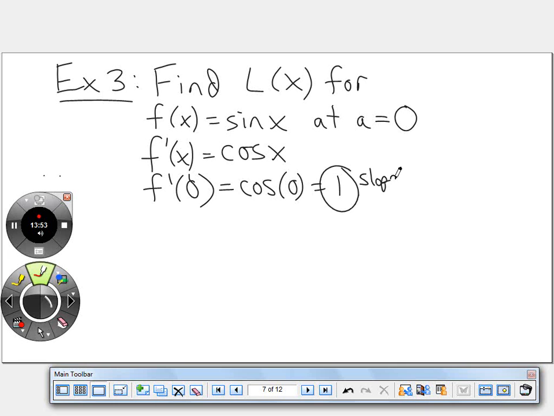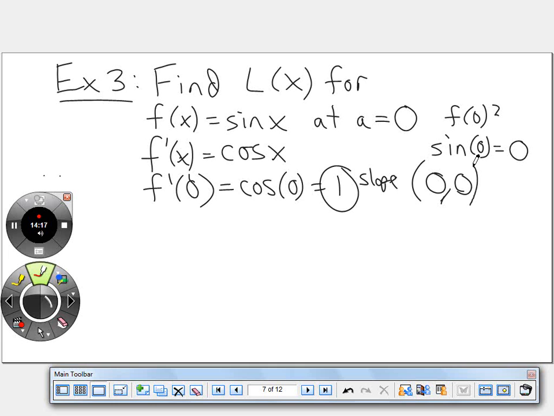So here's our slope. And we need a point. So we're going to plug in 0 into the function given. So we're going to say, hey, what's sine of 0? And of course that's 0. So I should say what's f of 0. So our point is 0, 0.